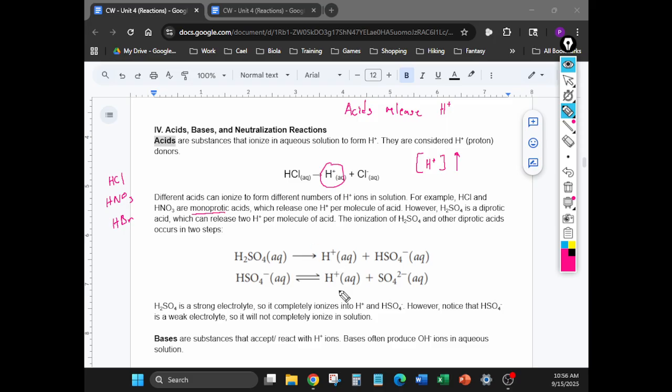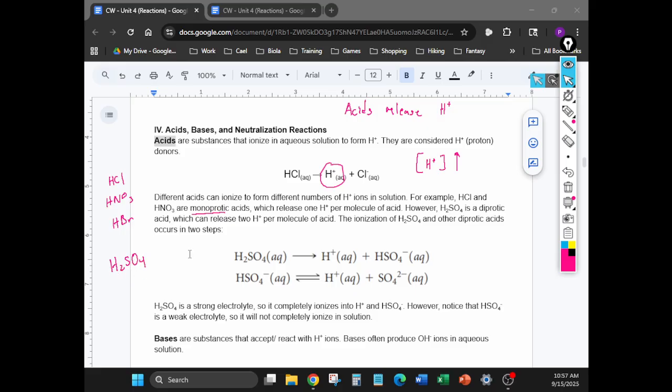But there are some acids that have more than one hydrogen, and they're called polyprotic, and depending on how many protons there are, you have a different prefix. The most common polyprotic acid you'll see is H2SO4. This is diprotic because it's two. There are triprotic acids, but we don't really get that far into it.